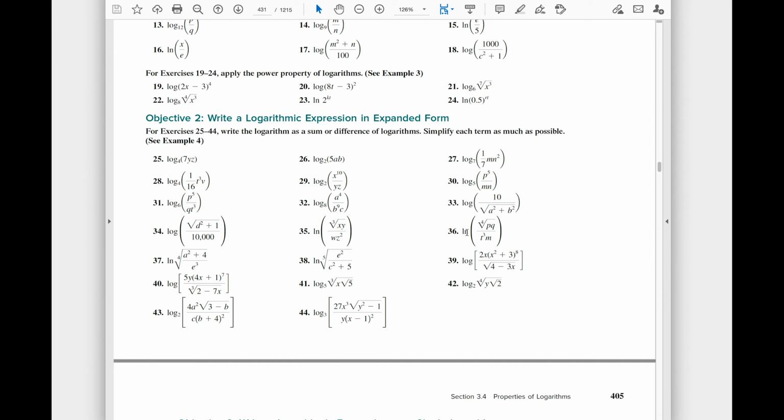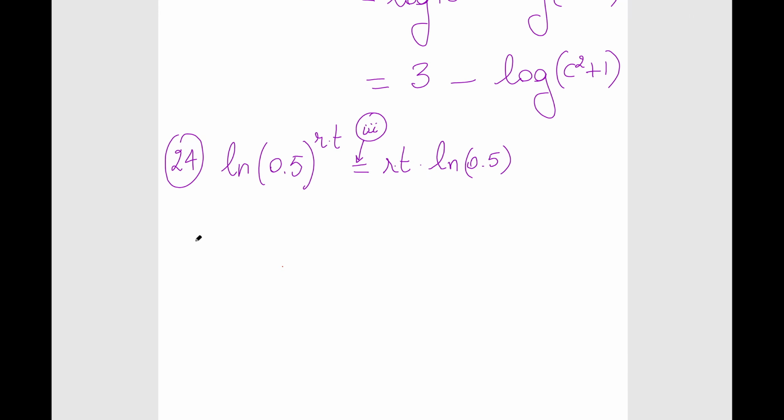This is ln, which means log base e, of the fourth root of pq, p times q, divided by t cubed times m.